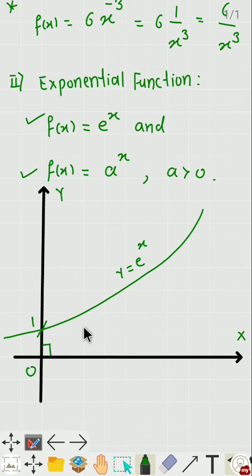And when the value of x is 1, the corresponding value of y is e.